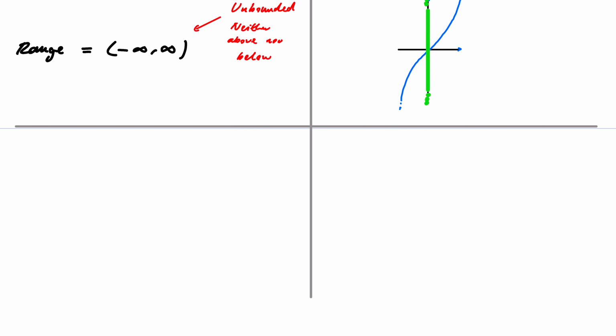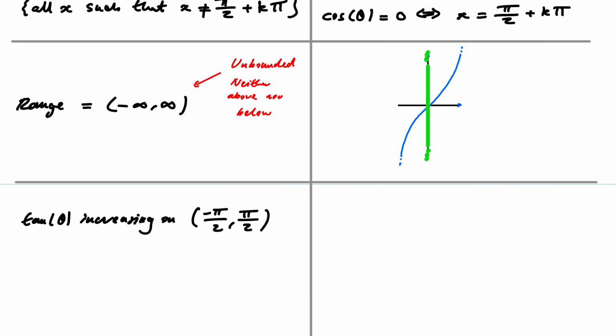So tan of theta, it's increasing on the interval, well, the open interval, because I'm not defined at the endpoints, this guy. It's increasing on this. So visually, I mean, that's exactly what this is, right?